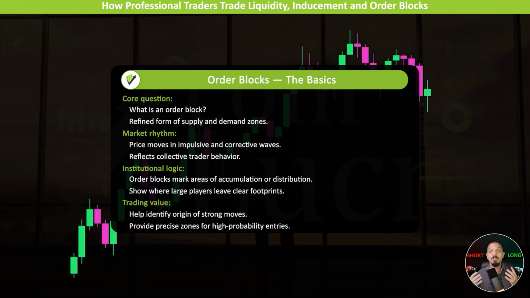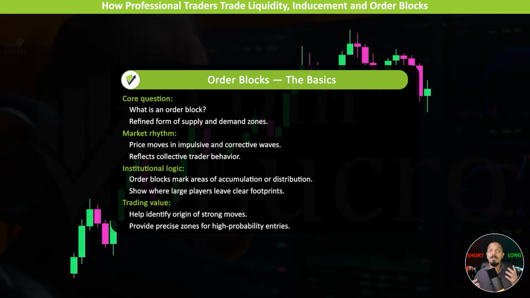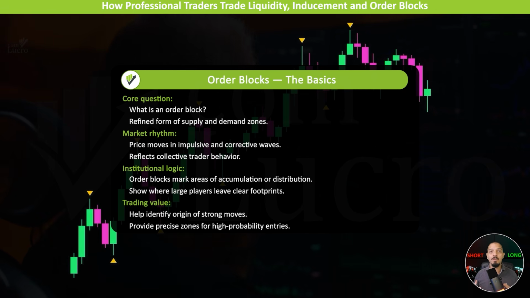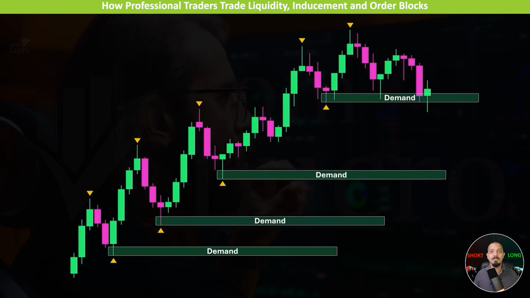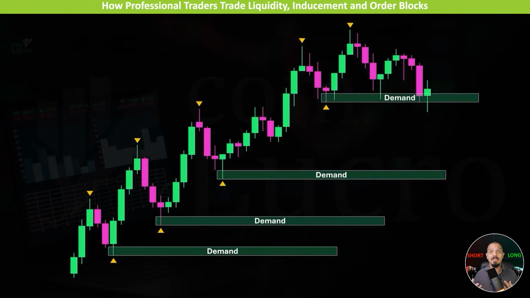Order blocks are essentially refined or optimized supply and demand areas. From basic price action theory, we know that the market always moves in a rhythm of impulsive and corrective waves, shaped by the collective behavior of market participants. We identify the starting point of an impulse as a demand zone.